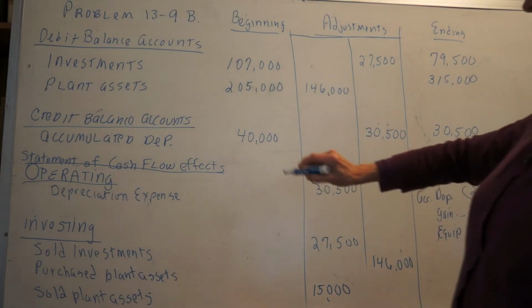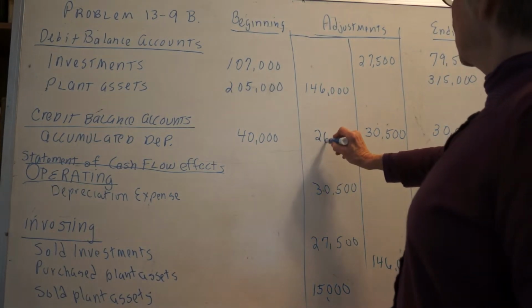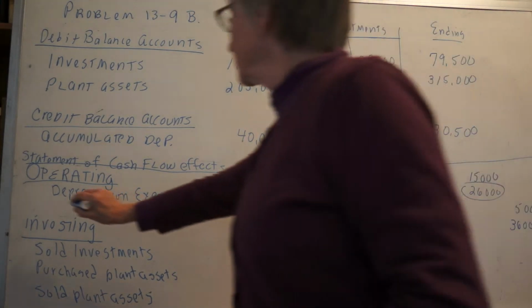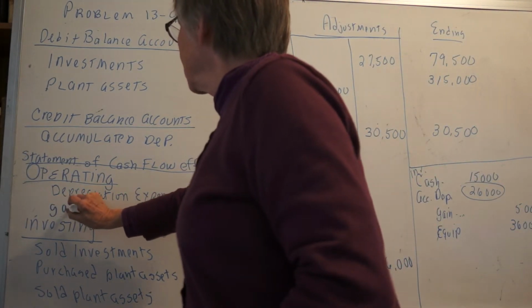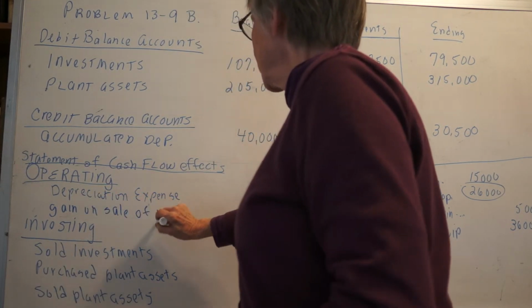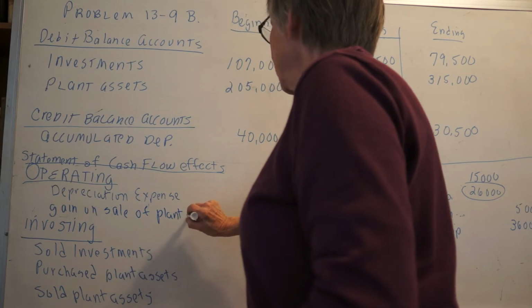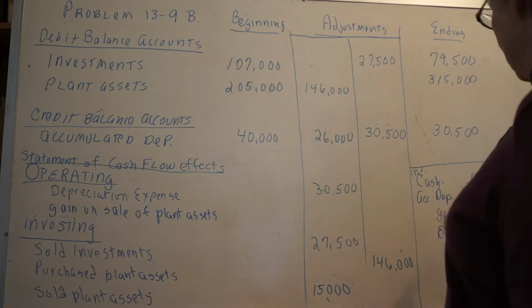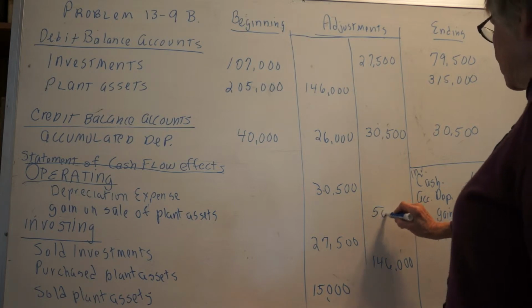We debit also our accumulated depreciation that went with that. The gain in the operating section, we'd say we had gain on the sale of equipment or plant assets. And that is a credit entry of $5,000.